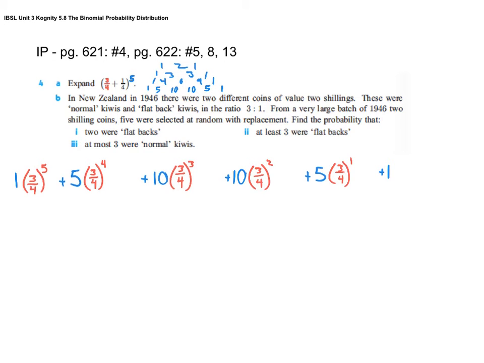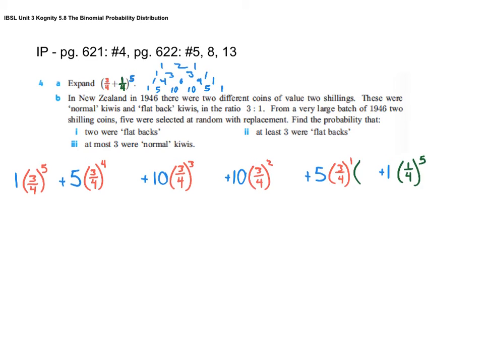Okay. All right. So then we have this second term, which is 1/4. Okay, and again, from our binomial expansion, we go to the last term, and that 1/4 is going to be raised to the highest power.